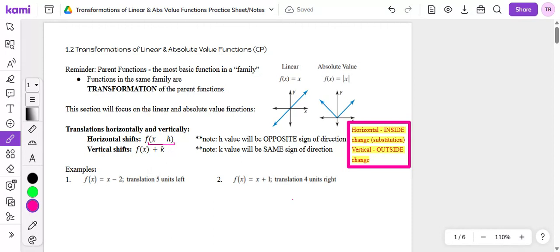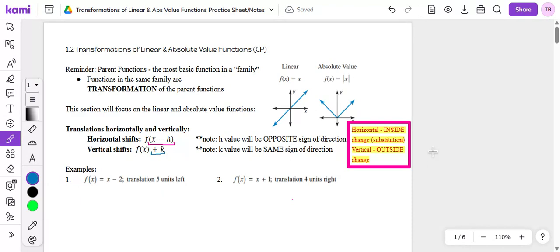Again, a note that we saw, the value that's being added or subtracted is actually the opposite direction of that sign. And then we have the vertical shift, which will take the value of the whole function and then add or subtract some number. That adding or subtracting of a number outside the parentheses, outside the x value, does move in the normal direction. A positive will go up, a negative will go down.